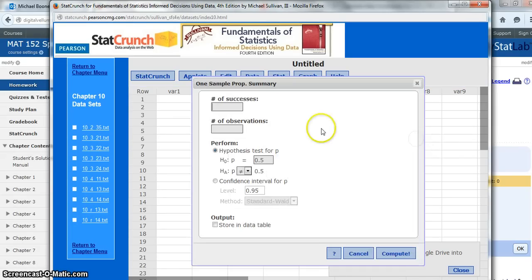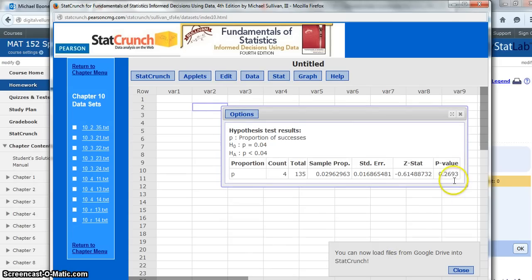I have a summary. That's 4 out of the 135. Our believed proportion was 0.04, and we said we think it's less than because of awareness. Maybe less people are smoking.